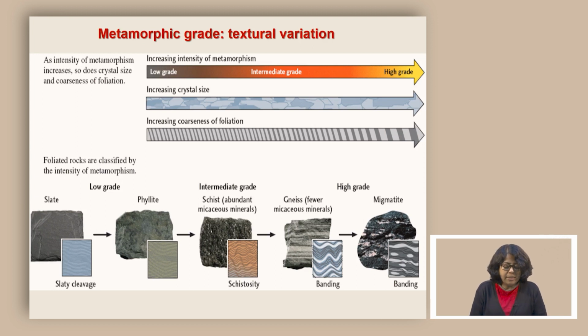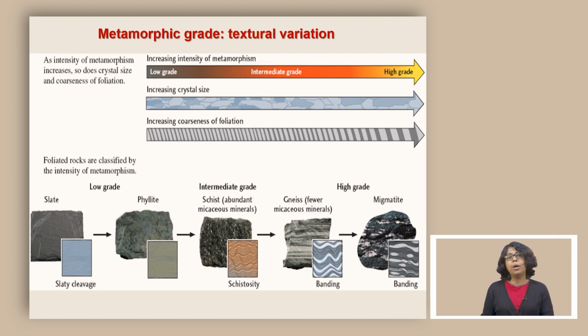As the intensity of metamorphism increases, there are some predictable changes in textural variation. One of them is that the crystal size increases and the coarseness of the foliation also increases.